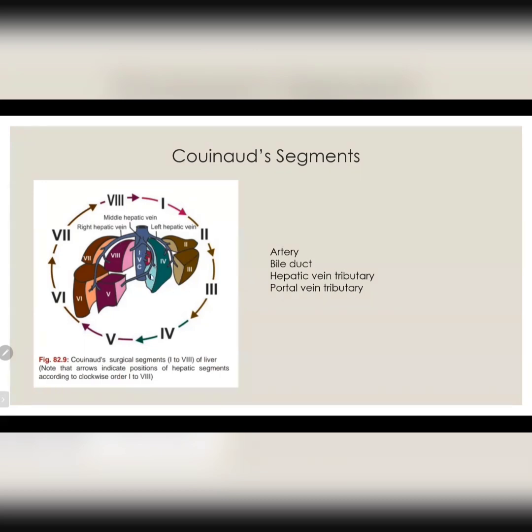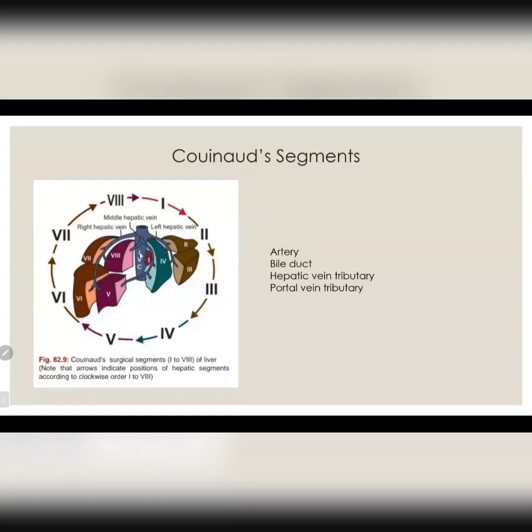So how do you remember the numbers? This side, 1 to 4, is termed as the left hemi-liver. And if you observe carefully, the labeling 1 to 4 is labeled in a clockwise direction. 5 to 8 is in the right hemi-liver.